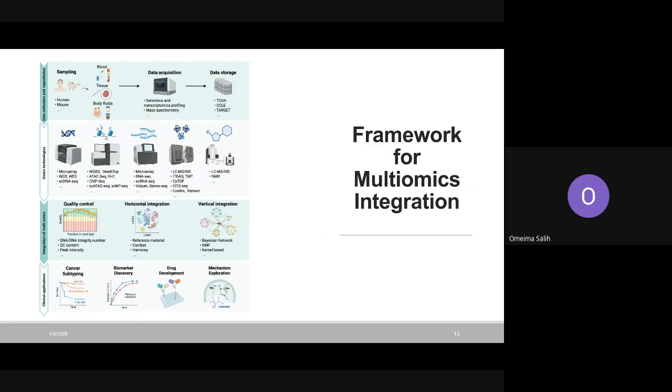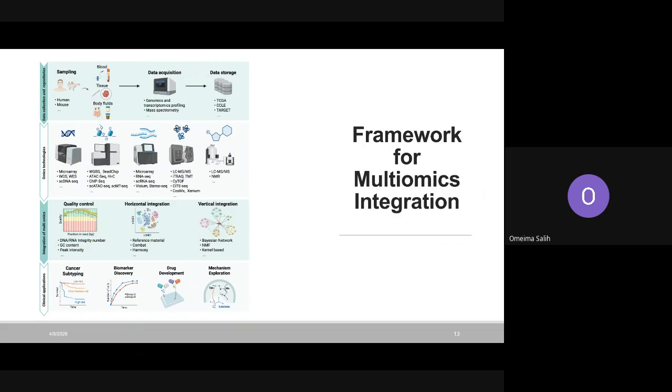Again, it's the same, just more elaborate. This diagram shows the different methods that can be used for omic technologies. But again, the process is the same. Start with sampling, and then at the level of the sample, how you process it, the type of data, and then how you combine this data into different sets.